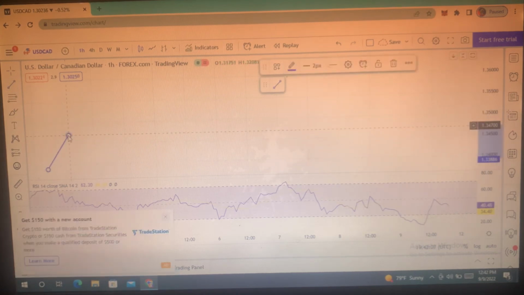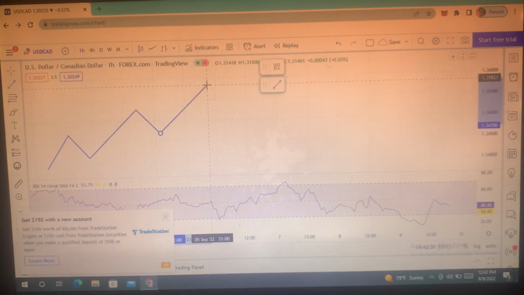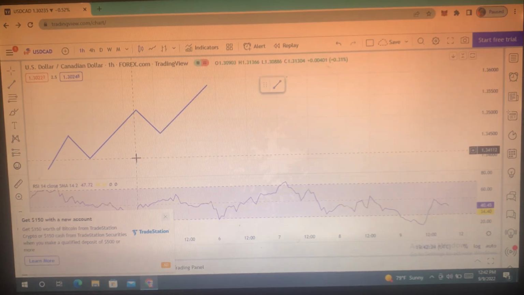Swing high, swing low, swing high, swing low, so we have another high. We always see this, right? This means a lot of things in the market. You see this and you just say no, it's nothing.